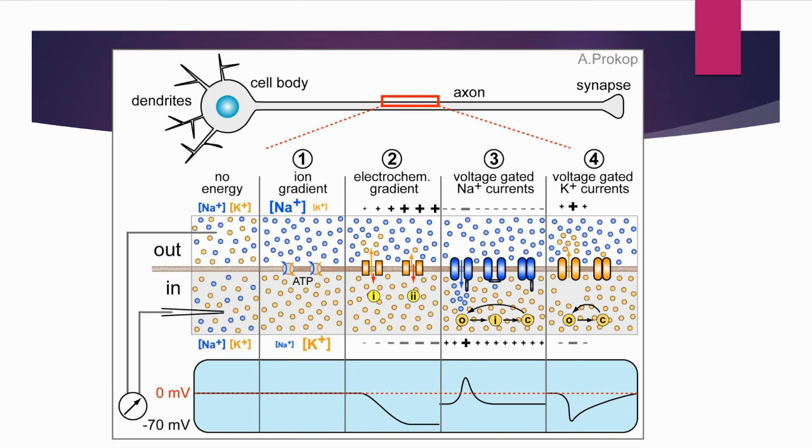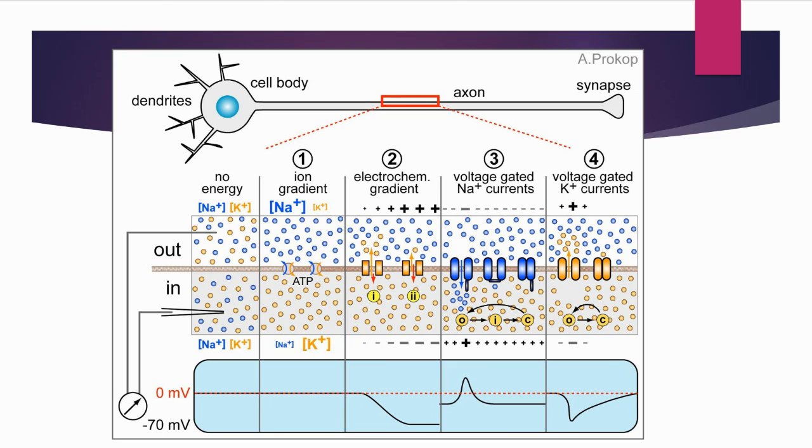The potassium leaves the cytoplasm and the membrane repolarizes at about plus 30 millivolts. And then that brief period of hyperpolarization is when it gets past the negative 70, which would be about negative 90. And again, the threshold is reached, the sodium channels open, and the action potential goes on.